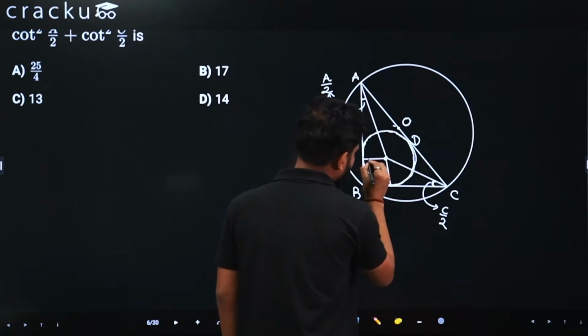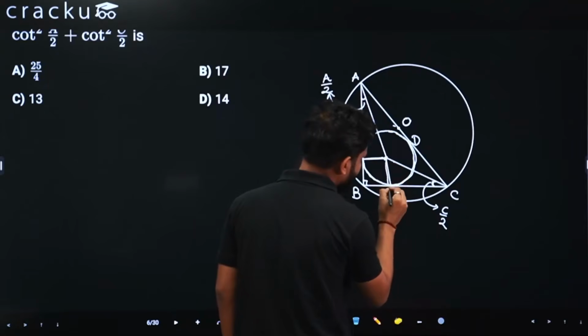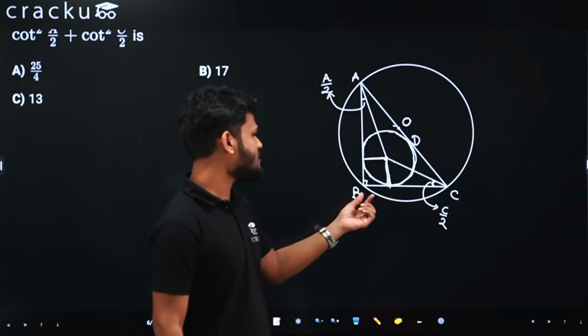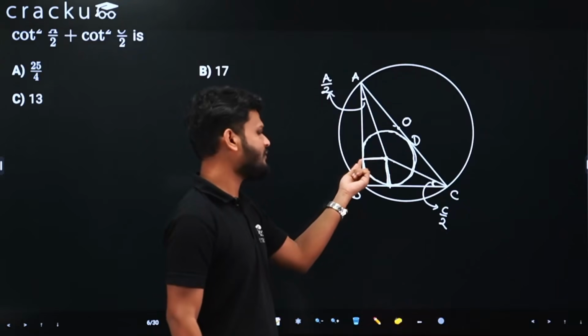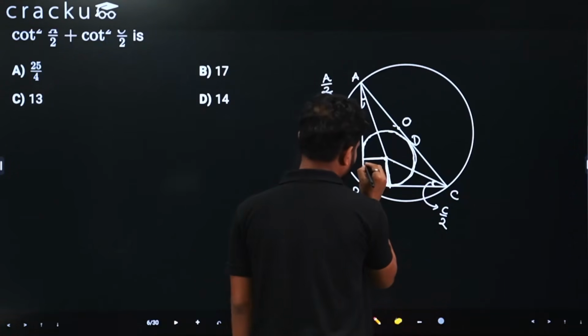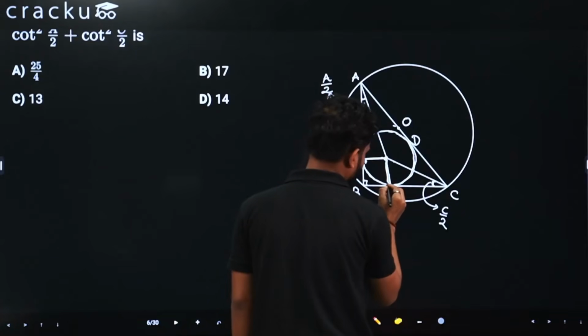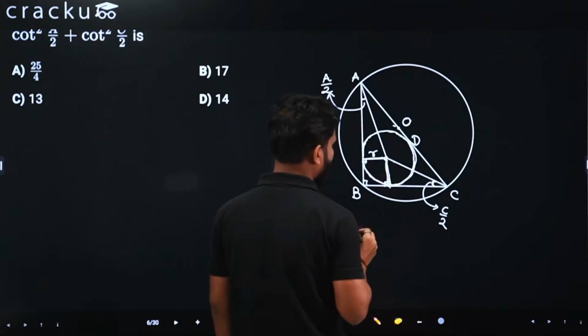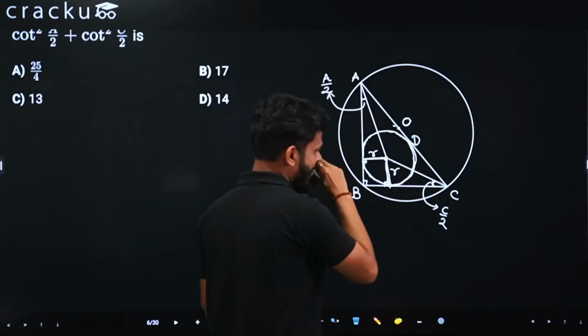This is the radius of the incircle. Also, from the center, if you drop the radius on the tangent, it will be 90 degree. This is 90 degree. This is 90 degree. This will be small r.